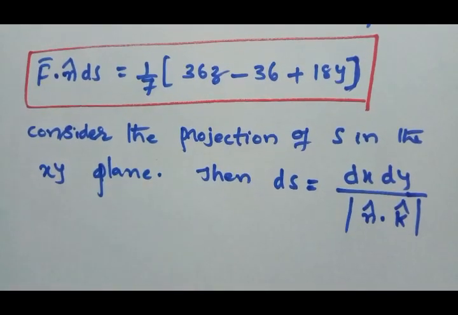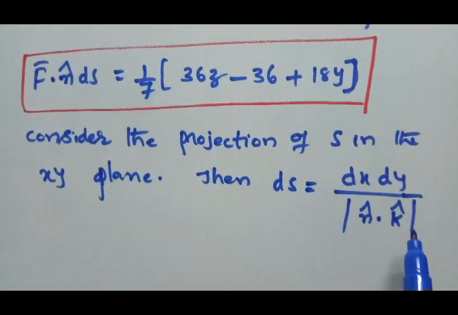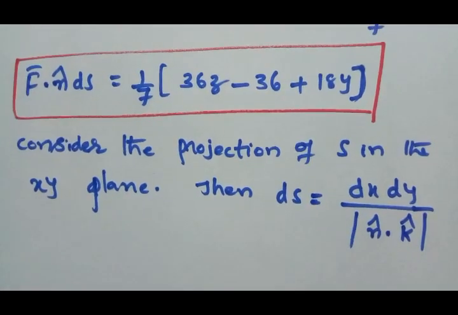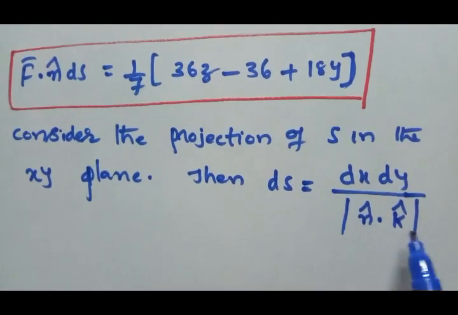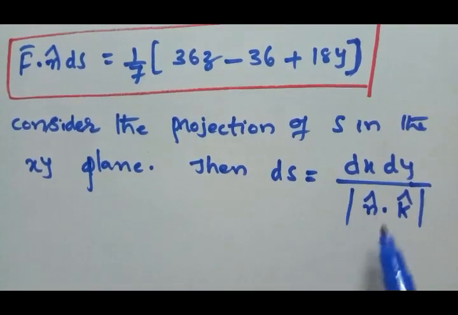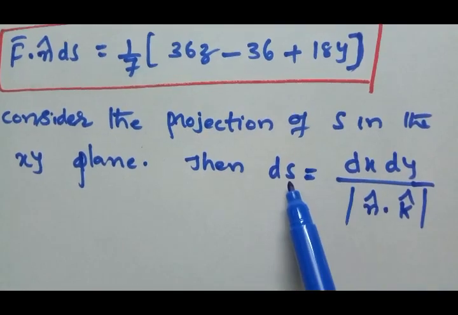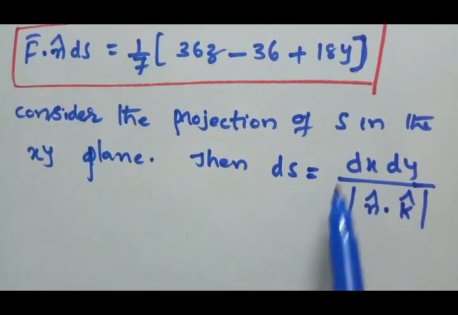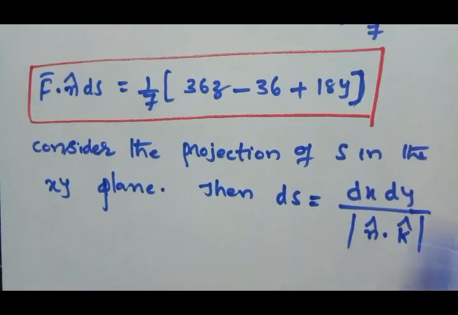If the denominator of any possibility becomes 0, you can go for another one, because in that case ds tends to infinity. ds means the elementary surface, so infinity is not at all a feasible value.